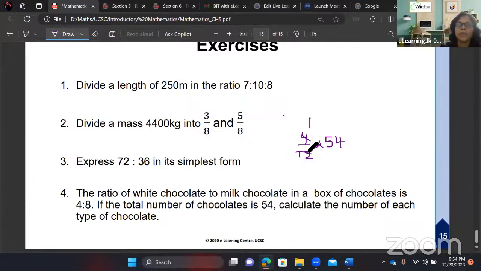If you divide by 4, 1 and 3, 1 into 18 is equal to 18, right?